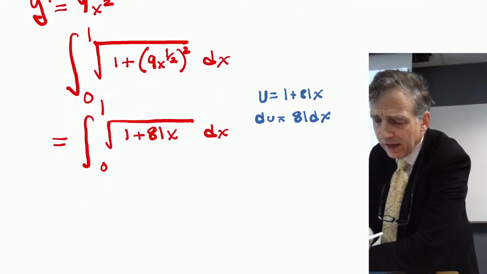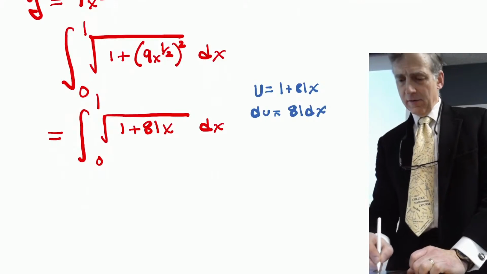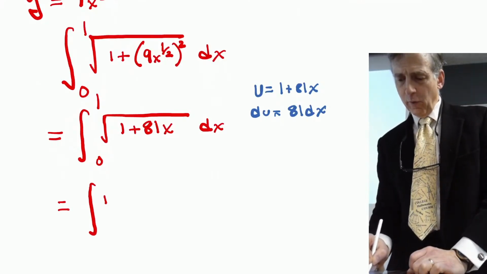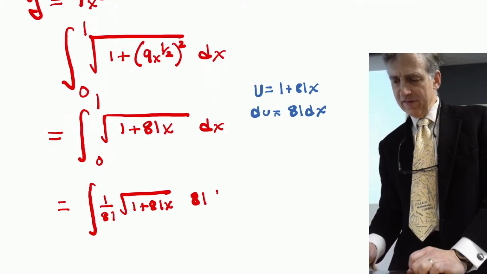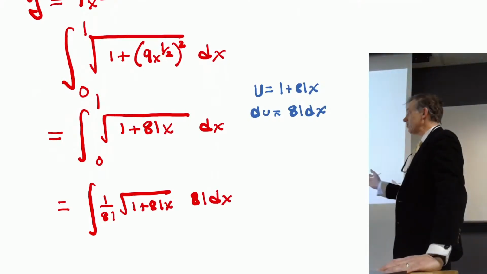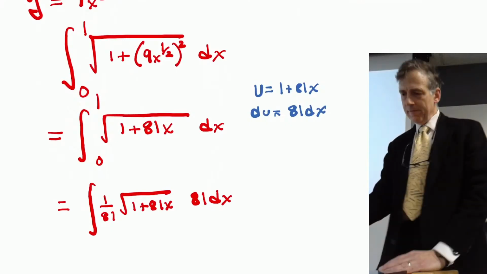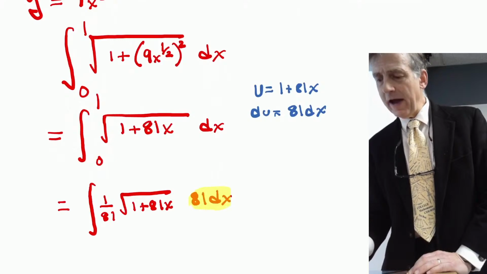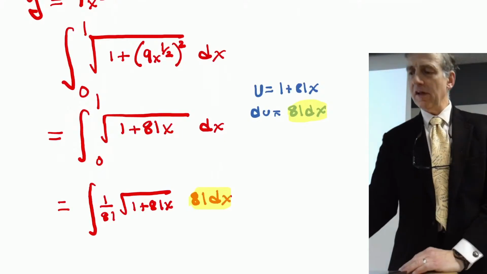Very good. To do this, I'm going to have to do a little rearranging. This is going to be the integral of 1 over 81 times the square root of 1 plus 81x, times 81 dx. You see I've done my algebra so that I have the du right there. If you do it this way, you will not get it wrong when you do substitution.